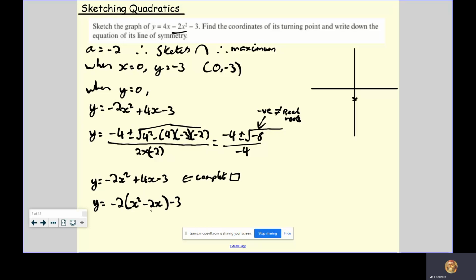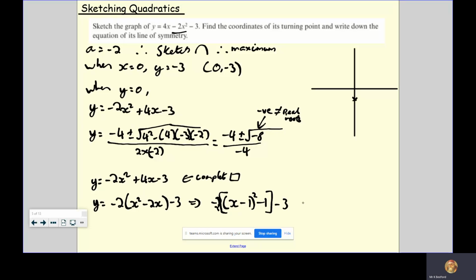Okay, I'm now going to complete the square on this thing in the middle. So that's going to give me -2 lots of x minus 1 squared. I'm just going to put this all in a big bracket so it's nice and easy to see. 1 squared is 1. I need to get it to 0, so I'm going to take away 1.